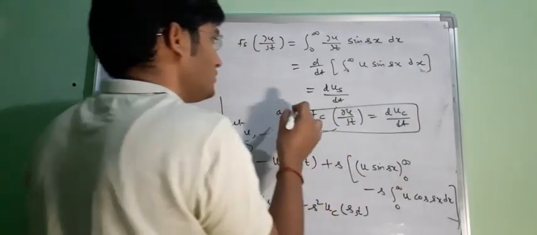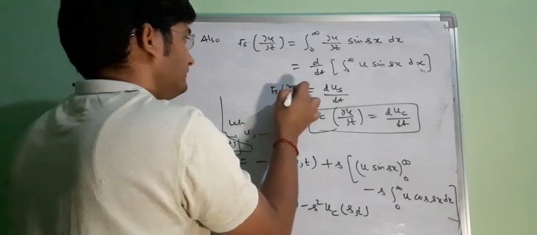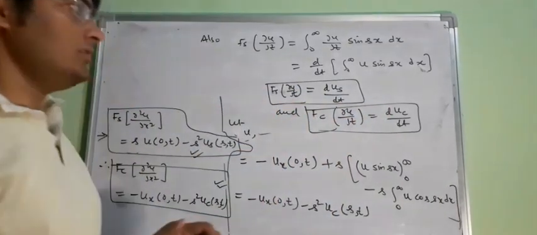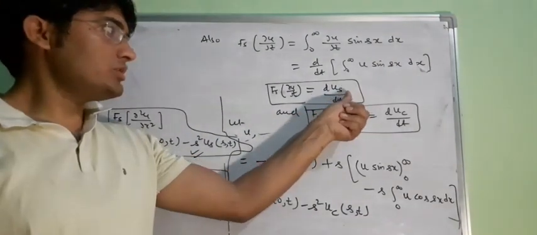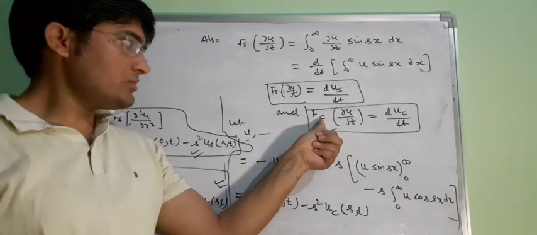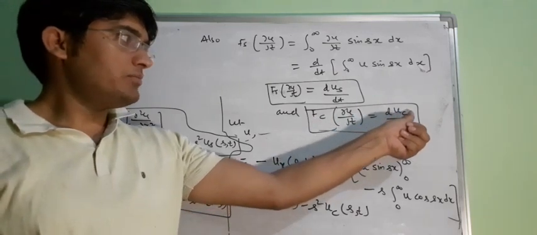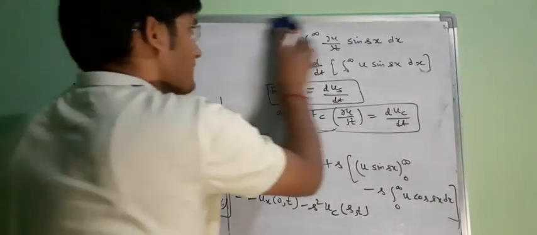So again we have these two formulae: the Fourier sine transformation of del u upon del t is the derivative of us with respect to t, and the Fourier cosine transformation of del u upon del t is the derivative of uc with respect to t.